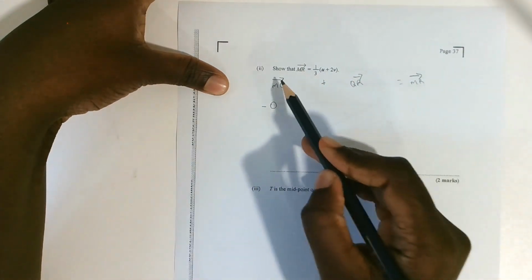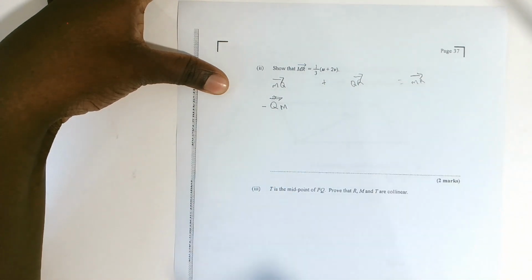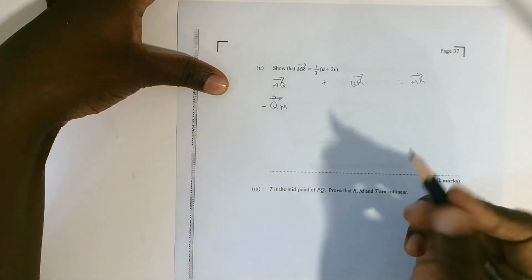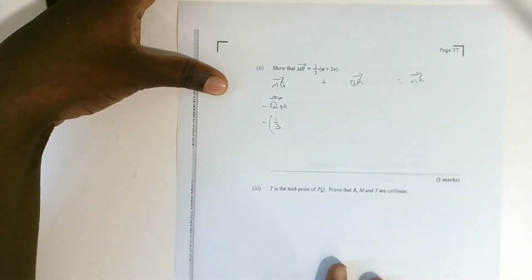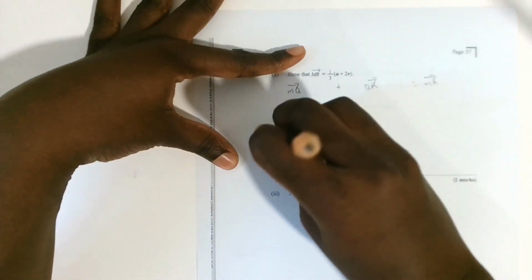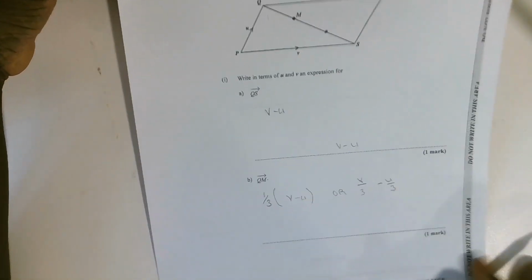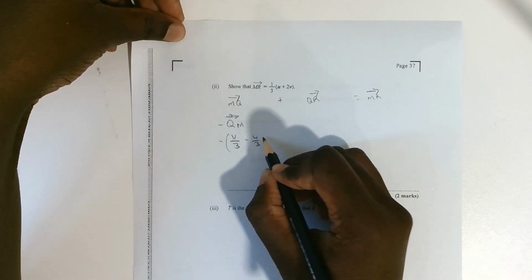So if we write that, we're going to have minus vector QM, and vector QM was a third of V minus U, or we could write it as V over 3 minus U over 3.